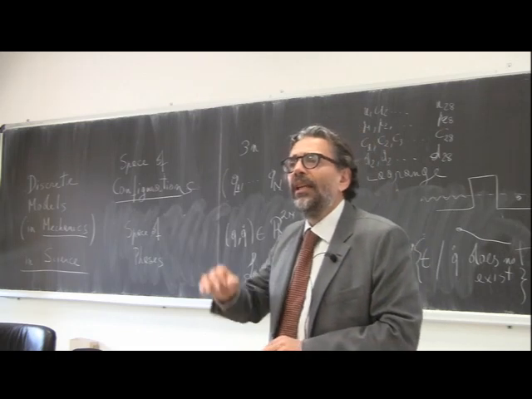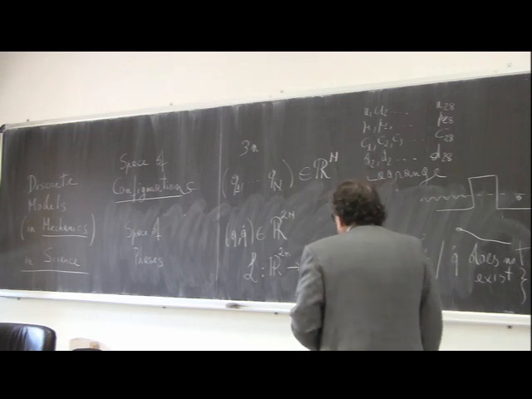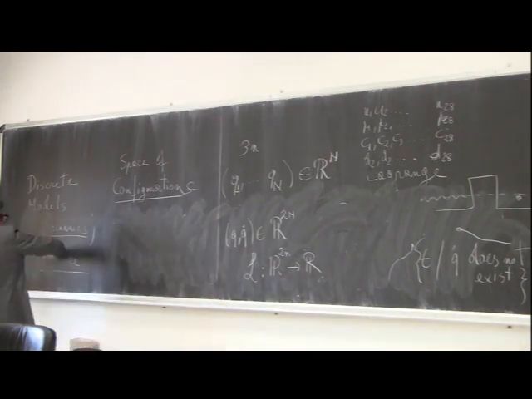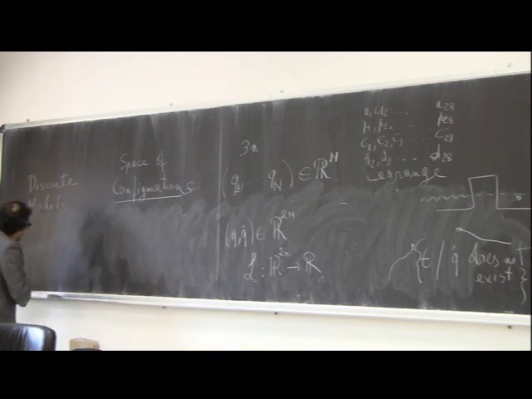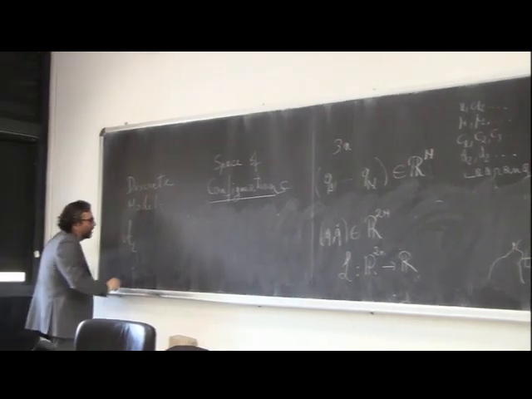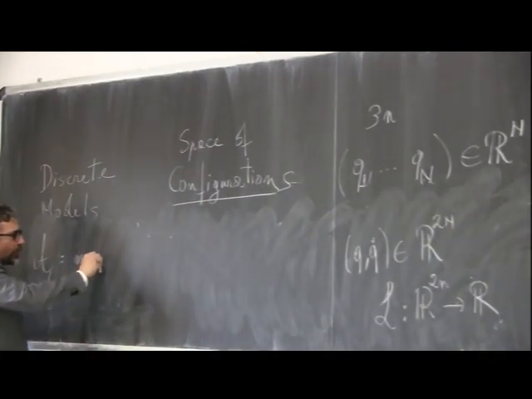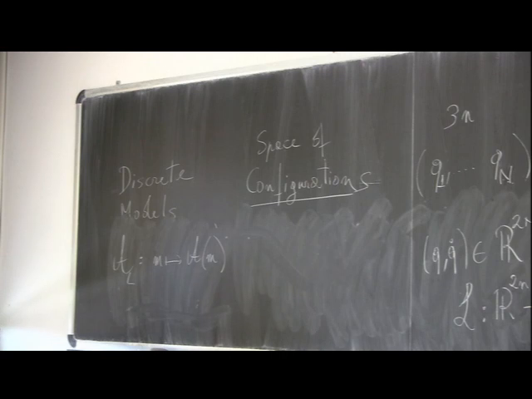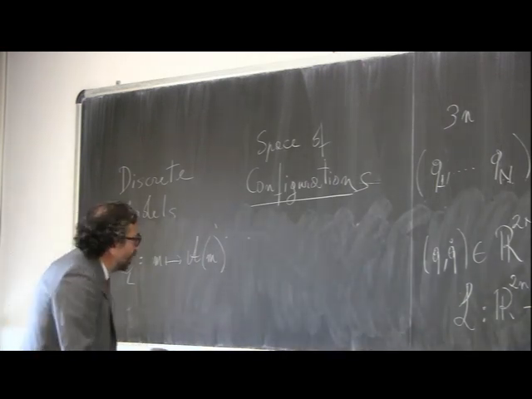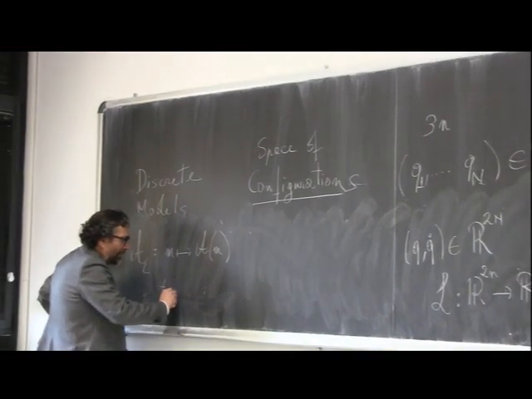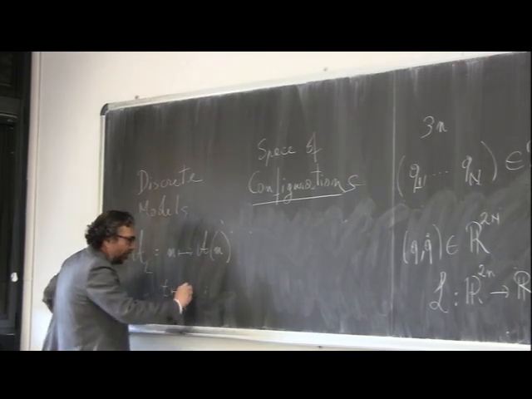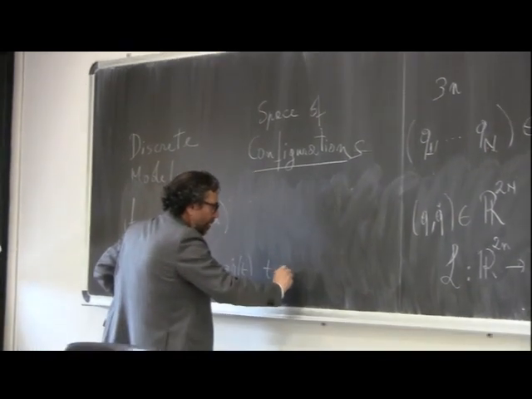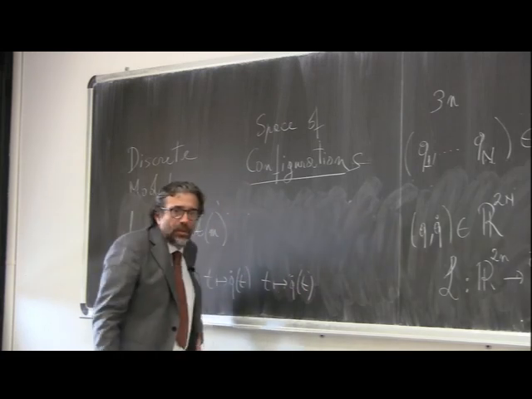Now I'm ready to show you the Lagrangian action. We said that the action is a map starting from motions, the domain. So the Lagrangian action takes a motion and associates to the motion a real number. Now I must tell you how. The motion is a function which associates to every t the configuration q of t.